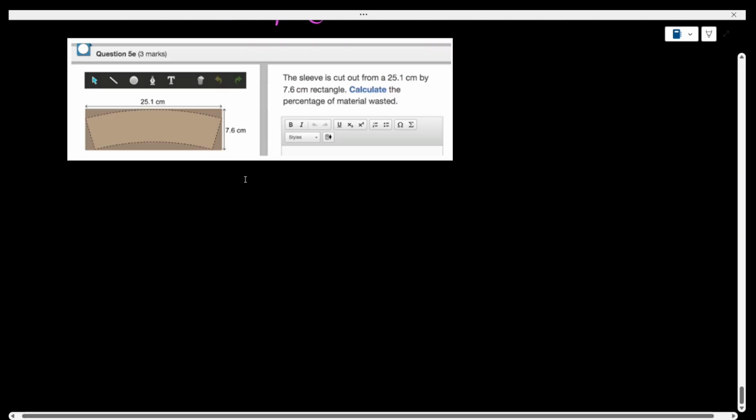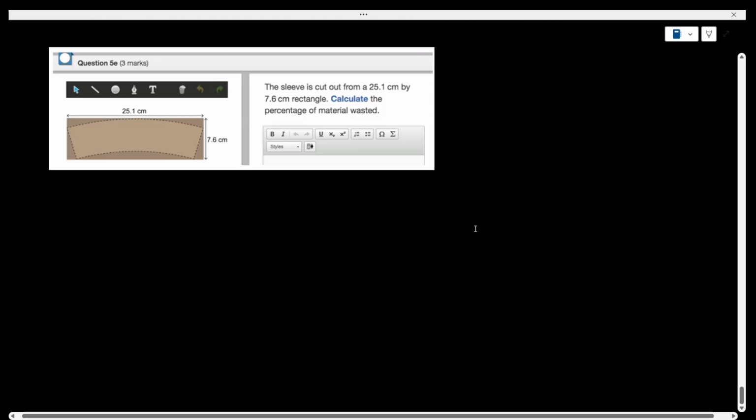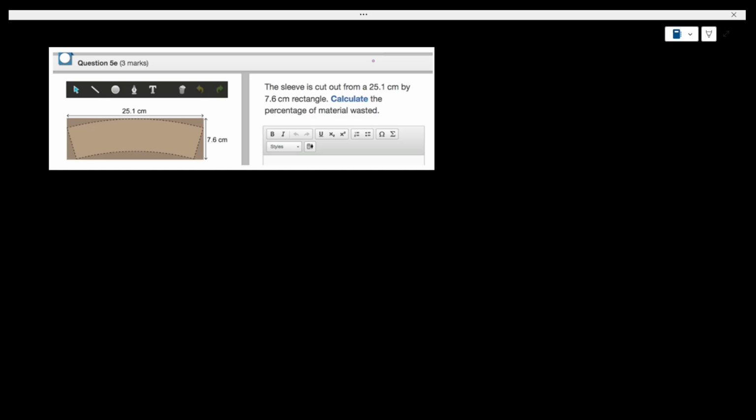Now what is the next part? The sleeve is cut out from a 25.1 centimeter by 7.6 centimeter rectangle. Calculate the percentage of material wastage.